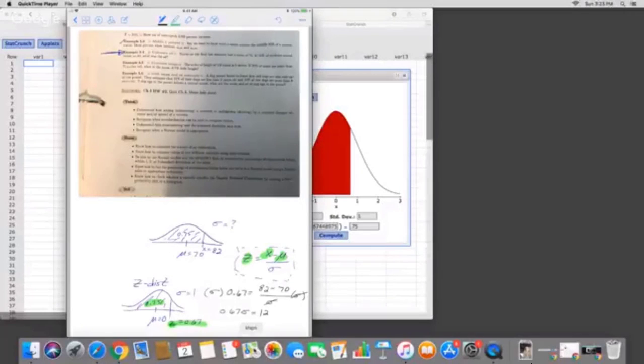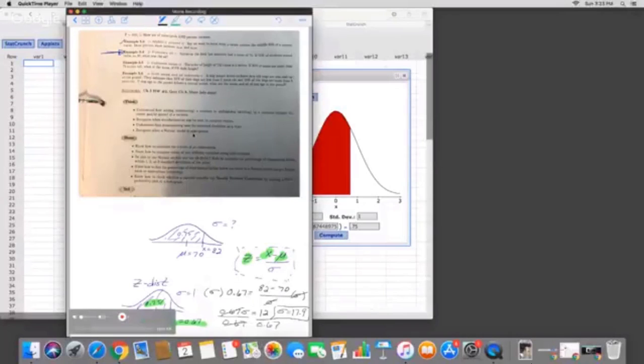We get a 12, and then we divide that 0.67 off of sigma to solve for the standard deviation that goes with this problem. So standard deviation comes out to be about 17.9.